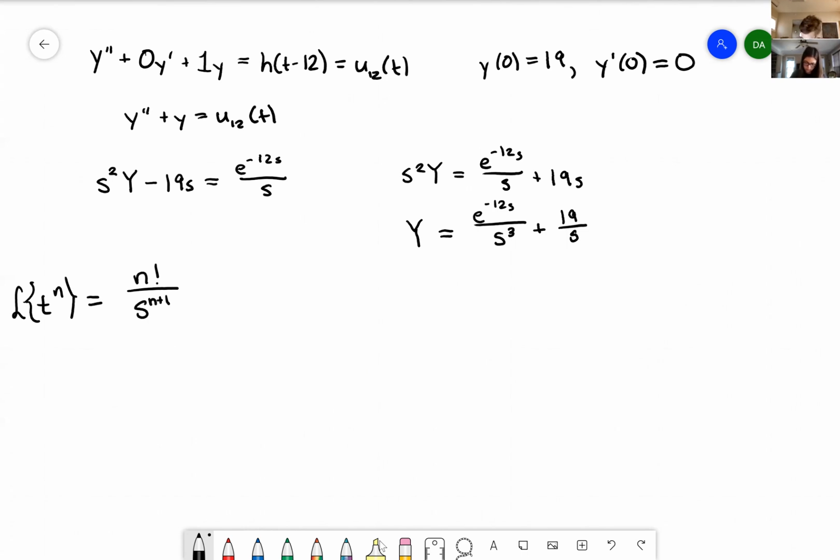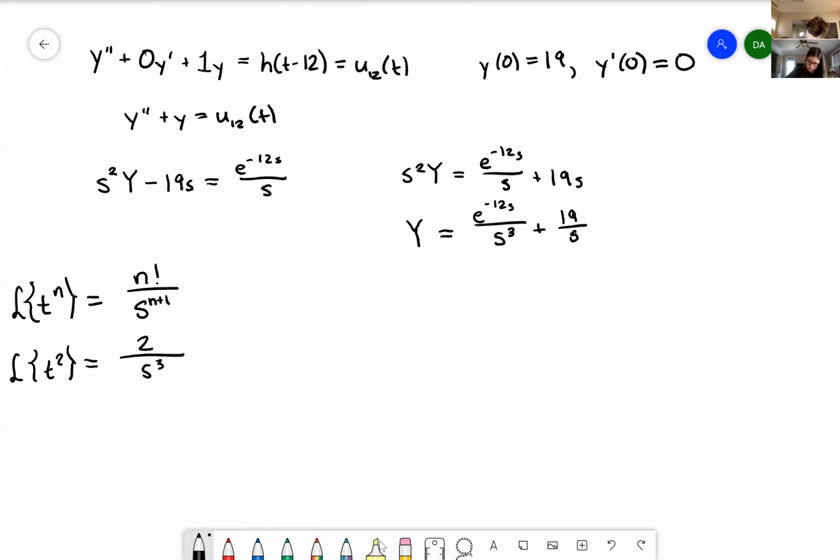Interesting formula here. Kind of looks like the power rule for integrals in a sense. So if we want the power of s in the denominator to be 3, we're going to choose n to be 2. So the Laplace transform of t squared will be 2 factorial, which is 2 over s cubed.